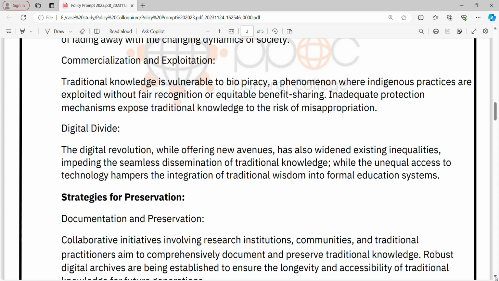Digital divide. The digital revolution, while offering new avenues, has also widened existing inequalities, impeding the seamless dissemination of traditional knowledge, while unequal access to technology hampers the integration of traditional wisdom into the formal education system.